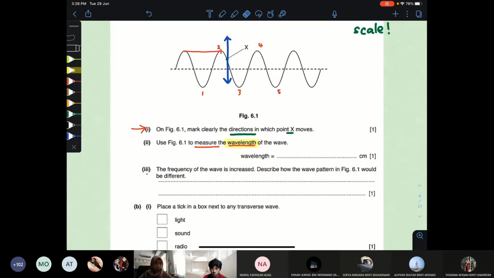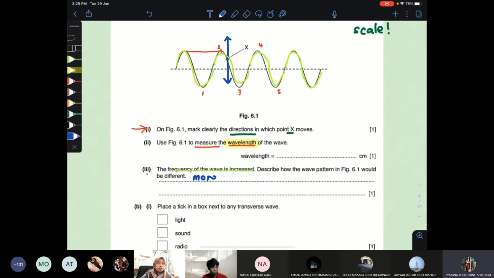Sekarang kita nampak many complete cycles, kita ada 1, 2, 3 and 4. If the frequency is increased, therefore you will see more number of complete waves. So your answer should be more waves will be seen, or you can say shorter wavelength.